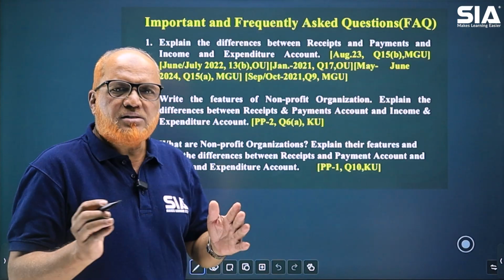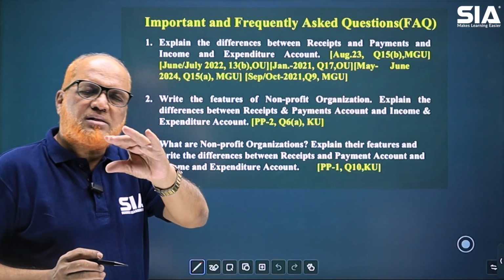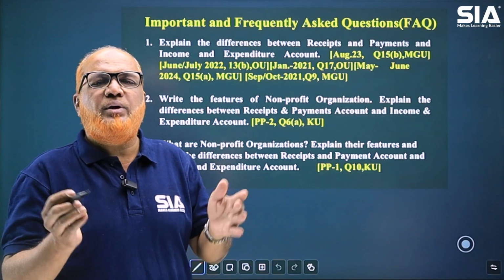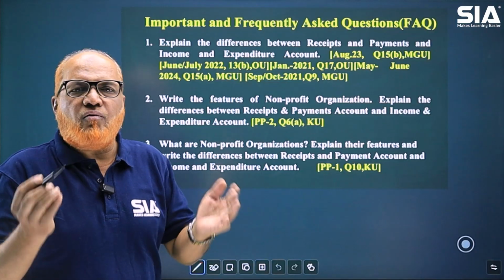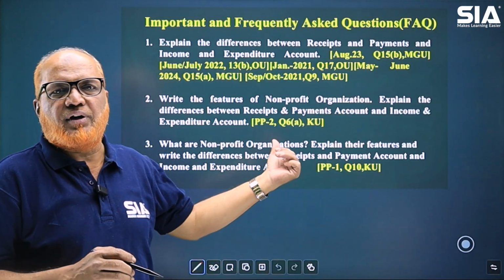Now, this question is frequently asked in examinations. Either the question will be asked directly, write the differences, or sometimes it will be clubbed with other questions like what are the features of a non-profit organization or what is a non-profit organization, along with the differences.